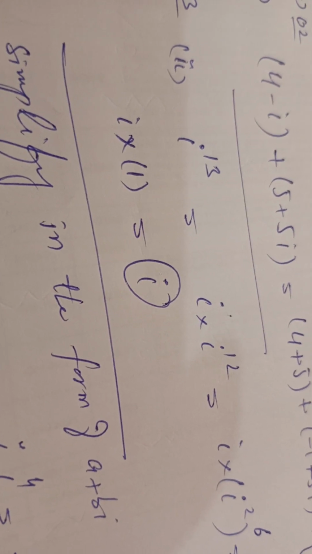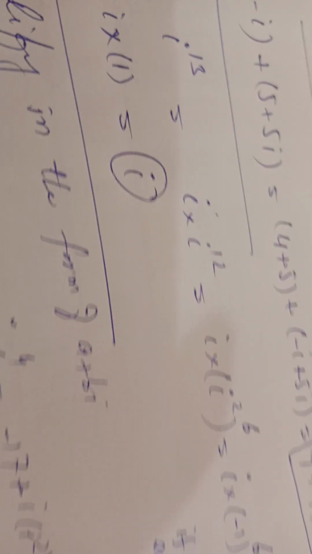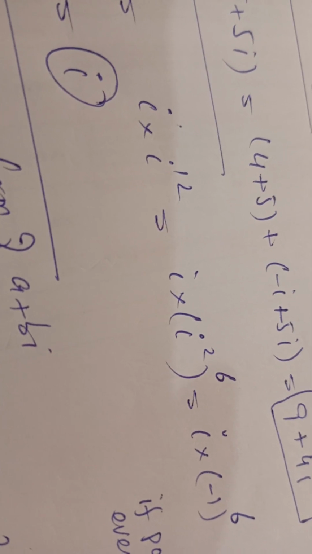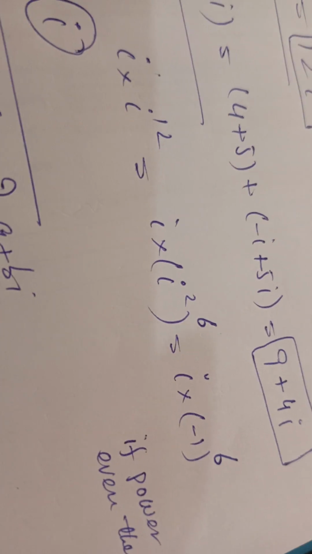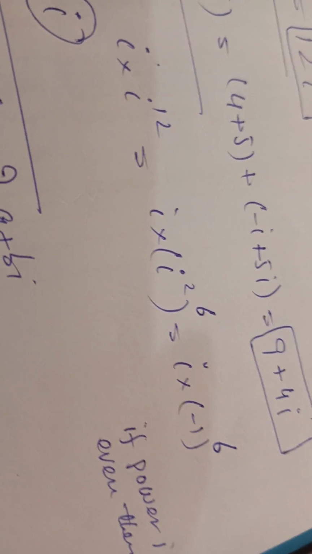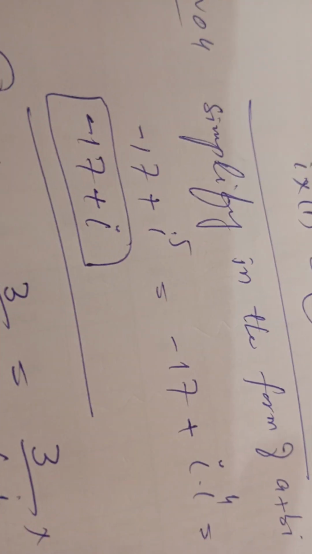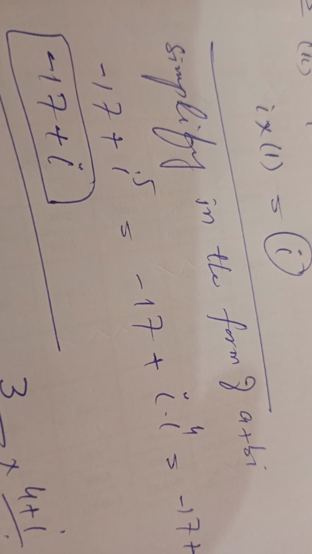Iota 13 will be divided into iota 12 times iota, and iota 12 will be further arranged as iota square to the power 6. So we put the value of iota square as minus 1, and then it will become iota.